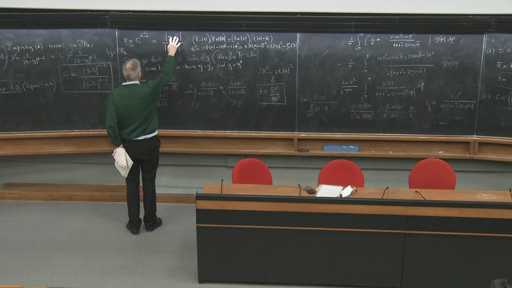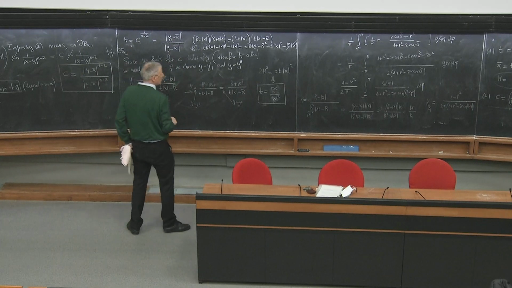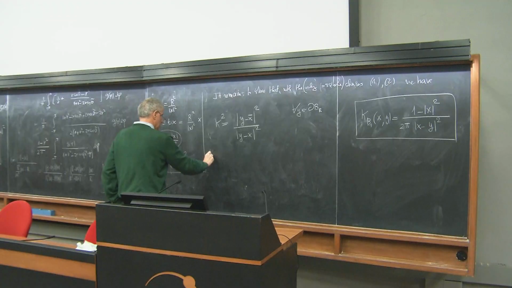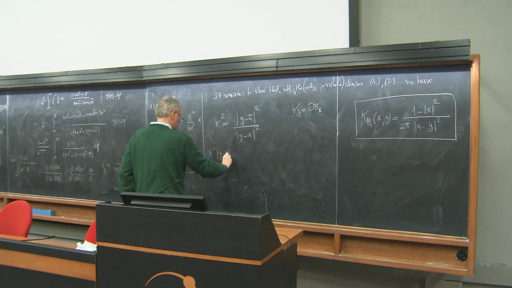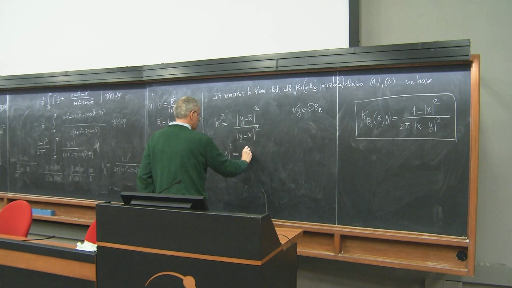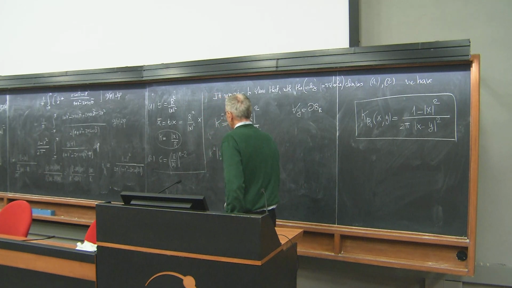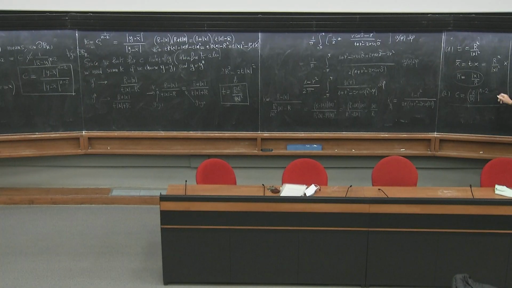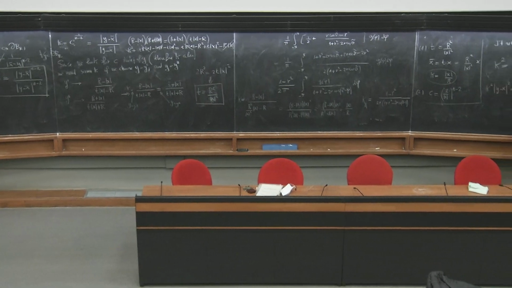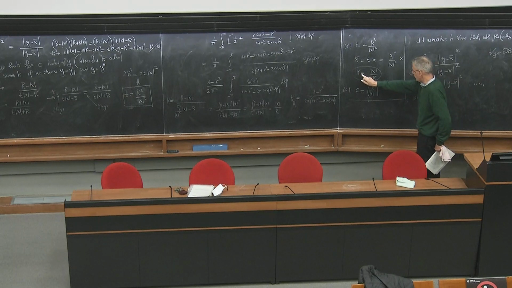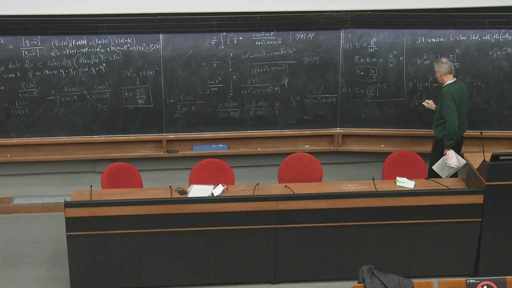So k squared must be this divided by this square, which means that we have to check that k squared multiplied by y minus x squared is equal to this, true or not. What does it mean? With our specific choice, k was this. So let me substitute k. x squared divided by r squared multiplied by y minus x squared.